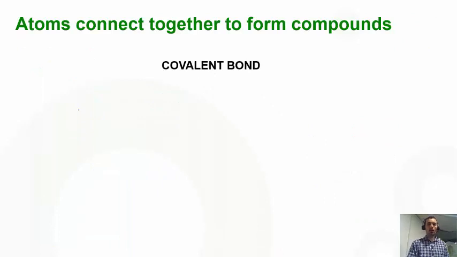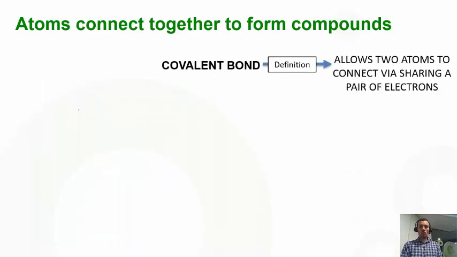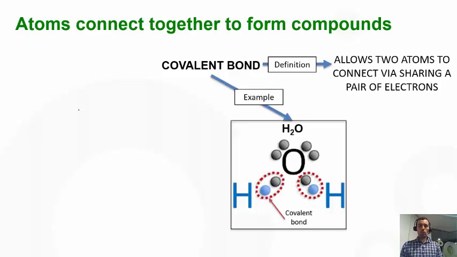So let's talk a little bit more about the covalent bond. So what is it? As I've been talking about, it's the sharing relationship between two atoms where they're each contributing one electron to a shared pair of electrons. So we've got a few different ways of representing this. So drawing out the electrons as circles here, we can see that oxygen is actually sharing one of its unpaired electrons with this hydrogen and also with the other hydrogen here.